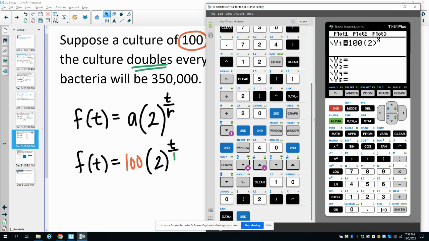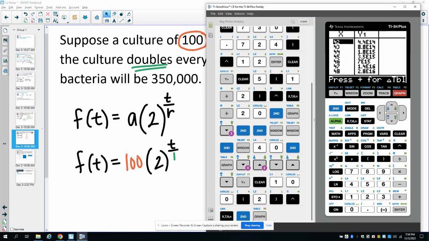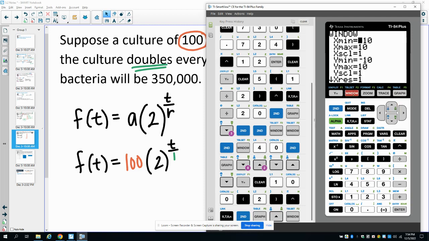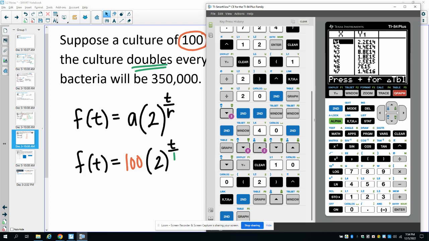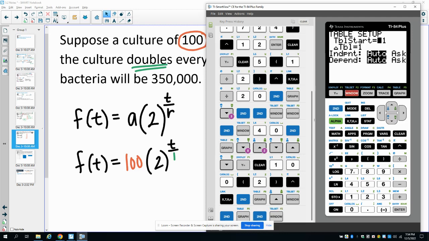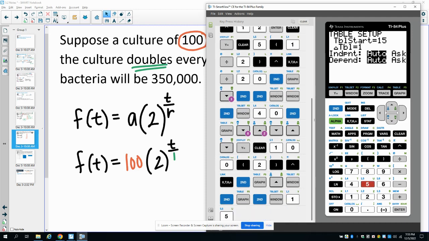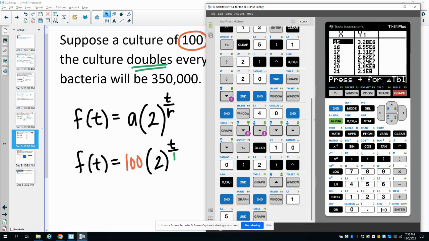Now we're going to go into our table and look for 350,000. You can see in my table right now, I'm way too high because this is at e to the 14th, which is moving this decimal 14 places to the right. So I'm going to go second window so I can reset my table. I'll put 15 and see what that does. 15 is in the millions because it's moving that over 6 places.